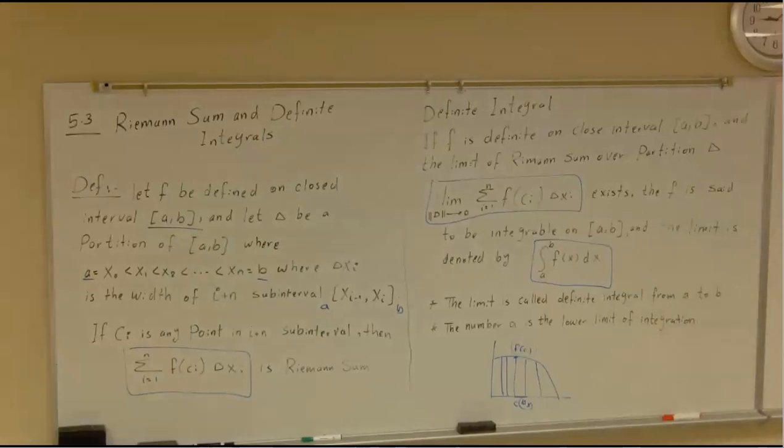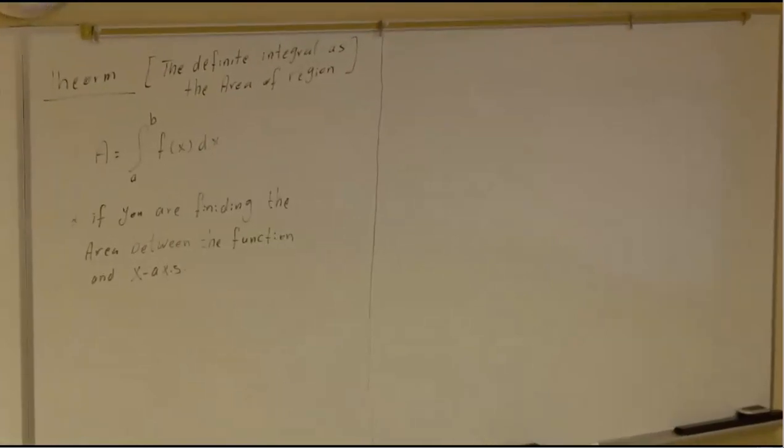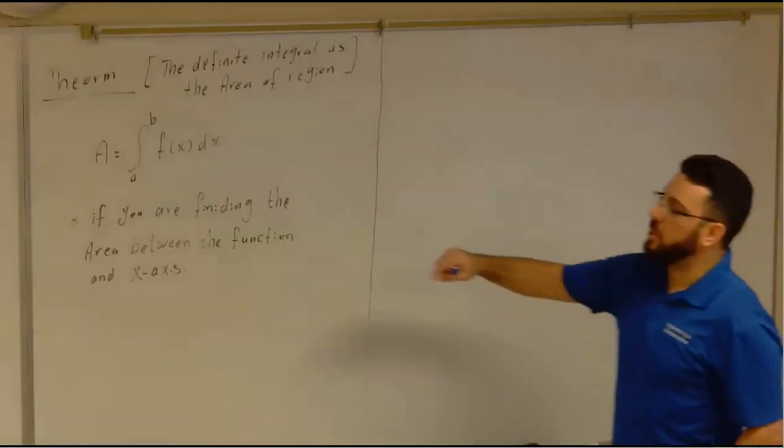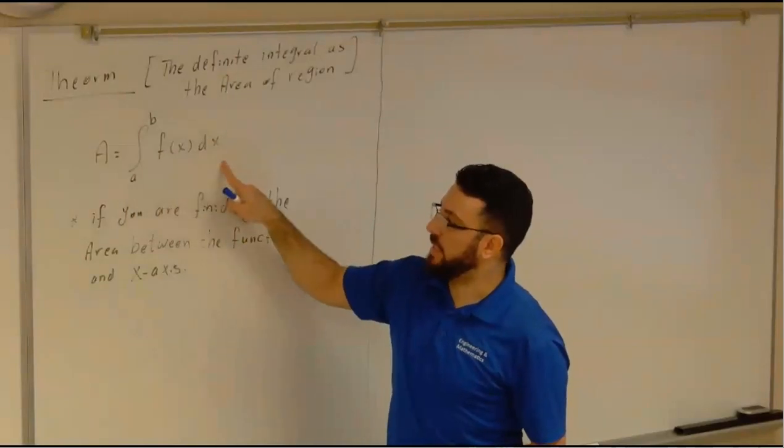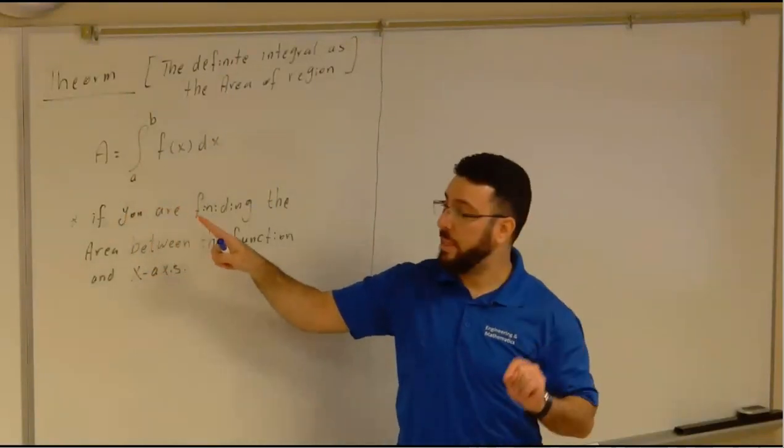So to find the area for a curve and the x-axis or y-axis, it depends on how you're going to find the area. Let's see the next one. We're going to use the definite integral as the area of a region. So you see the area is going to be the integral from A to B of f of x dx. And be careful.